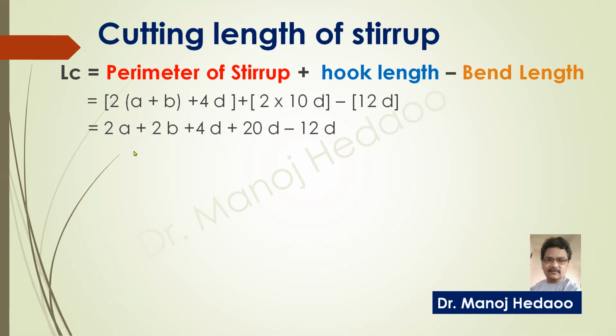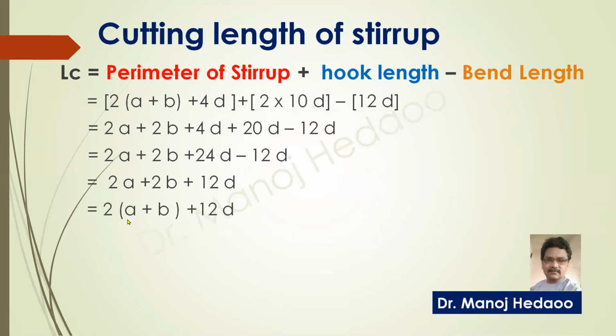After simplifying, we get 2A plus 2B plus 4D plus 20D minus 12D. Again simplifying, 2A plus 2B plus 24D minus 12D, so 2A plus 2B plus 12D, or in other words 2 into (A plus B) plus 12D.